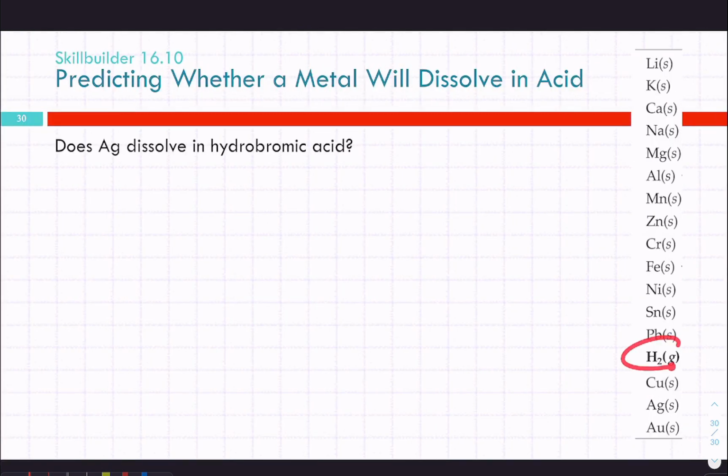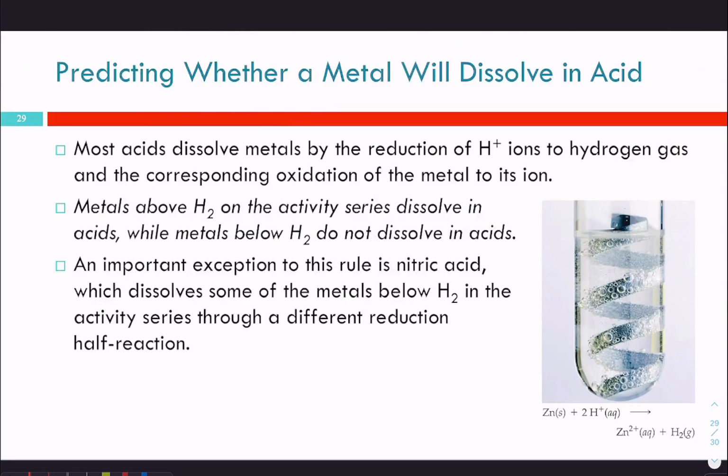So here's hydrogen on the activity series. If silver is below hydrogen, will it dissolve in acid? No. Only if it's above. Metals above dissolve.